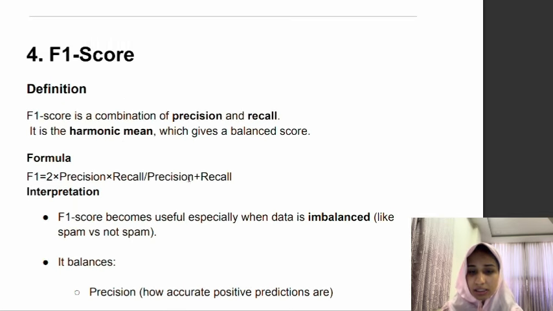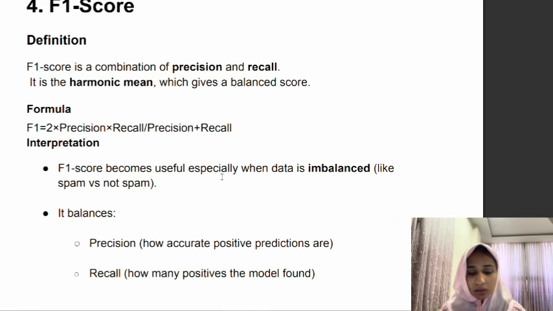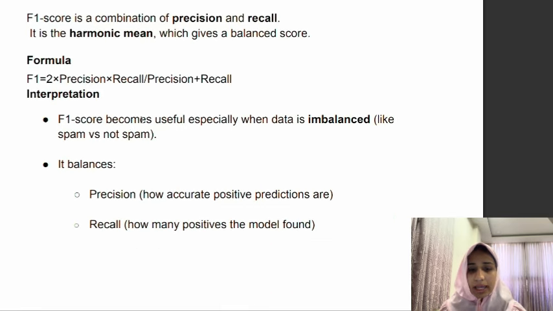F1 score is a combination of precision and recall. It is the harmonic mean which gives a balanced score. Formula: F1 equal to 2 into precision into recall upon precision plus recall. Interpretation: F1 score becomes useful especially when the data is imbalanced, like spam versus not spam.